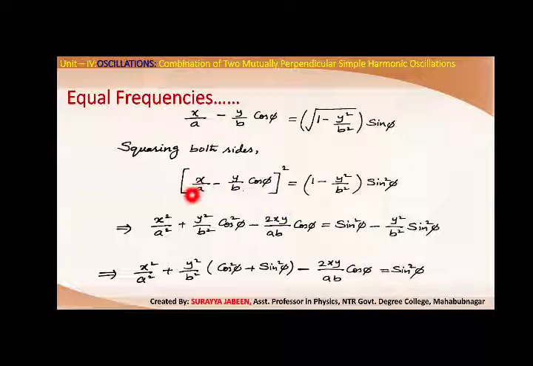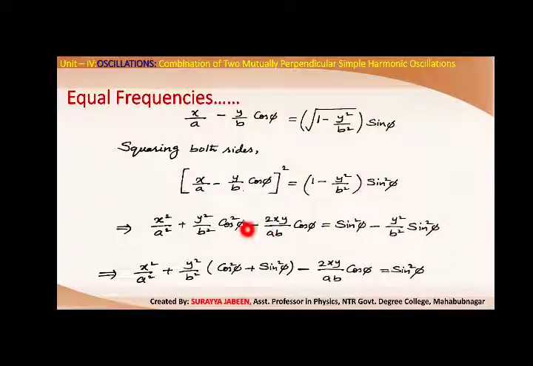Similarly, in the same manner we can write x square by a square plus y square by b square cos square phi minus 2xy by ab cos phi equal to, now opening this bracket also, sin square phi into 1, that is sin square phi, minus y square by b square sin square phi.